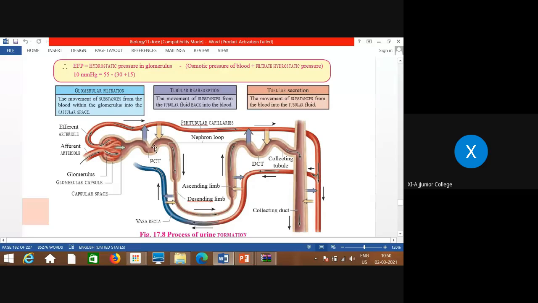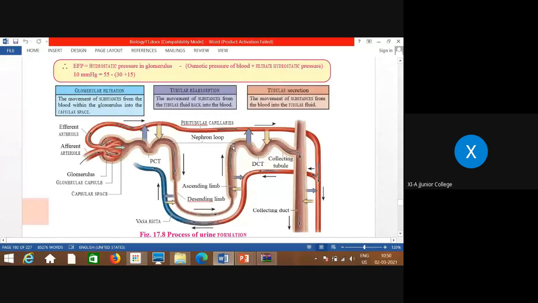So maximum substances are reabsorbed. Here water is reabsorbed, here ions are reabsorbed and released. So the movement of the substances from the tubular fluid back into the blood is called tubular reabsorption. So tubular reabsorption takes place in the PCT and loop of Henle.